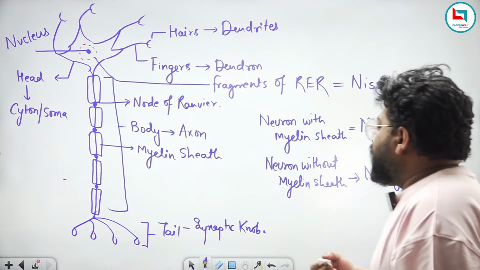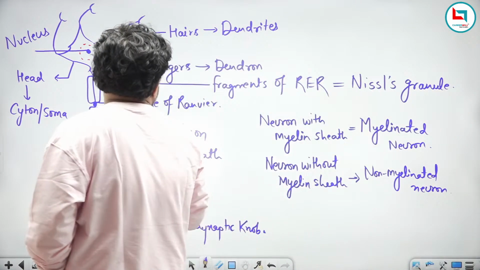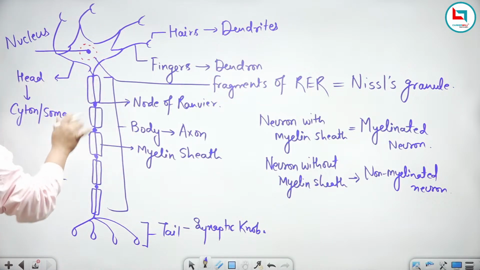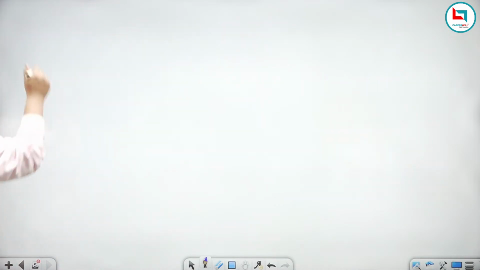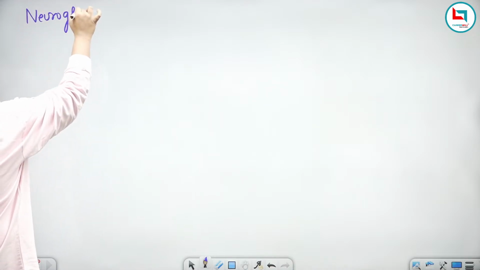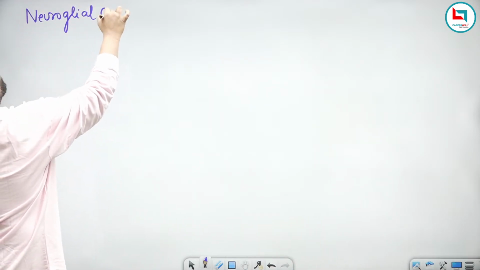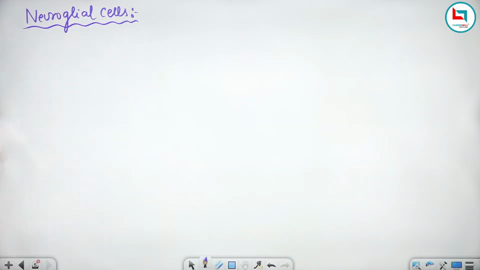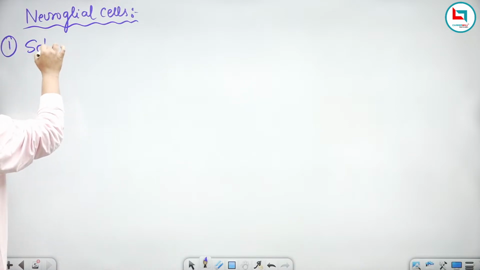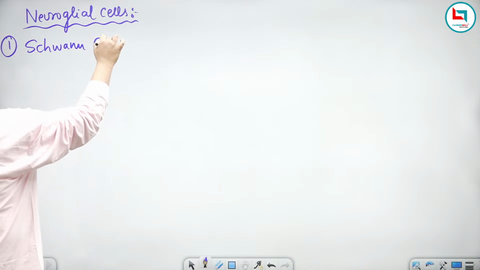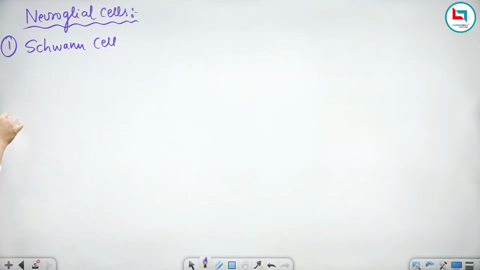Now there are different types of neuron that we will discuss in the chapter nervous system. Next thing is neuroglial cell. There are various kinds of cells that assist neuron in signal transduction. So we have Schwann cell, which is a type of neuroglial cell.